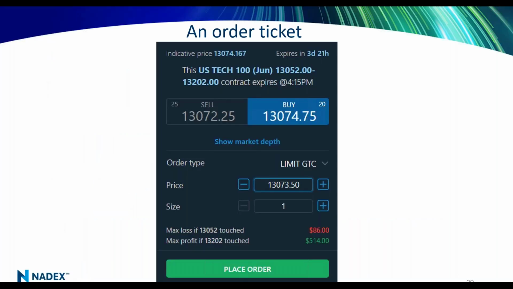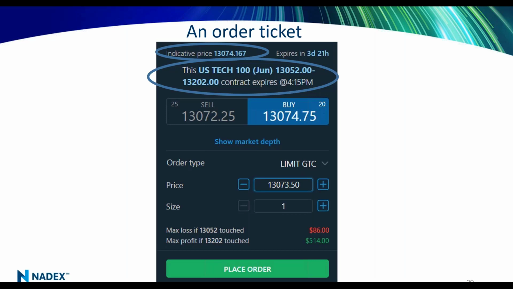Now let's take a look at the order ticket for a knockout. Similar to the order ticket for a binary, in as much as there is an indicative price on there. And then at the top, it's going to give you the range. The range, and this is for the NASDAQ, gives you the floor, 13,052.